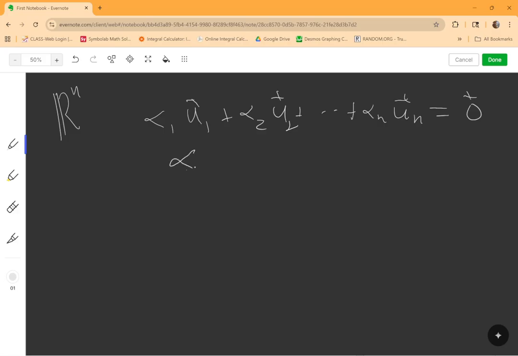Alpha 1 equal to alpha 2 is equal to zero. This is the trivial solution. Now this will always work. The question is, is there any other solution?